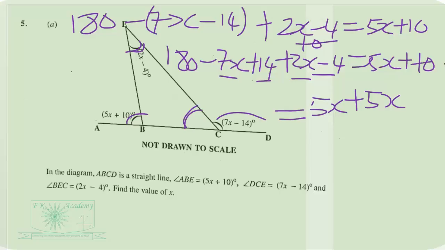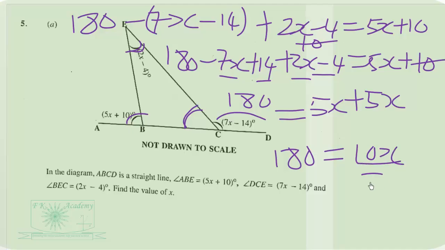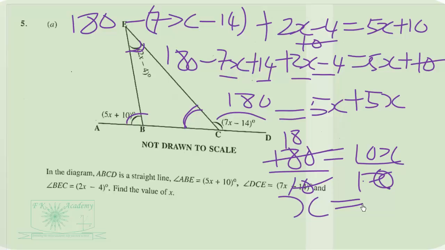So this 10 and this 10 will get rid of each other. So I have 5x plus 5x equal 180. So 180 is equal to 10x. Hence, if I divide through by 10, x will be equal to 18. So the value of x is 18.